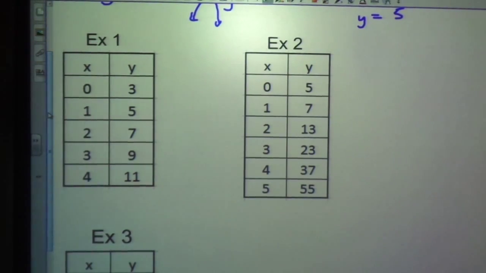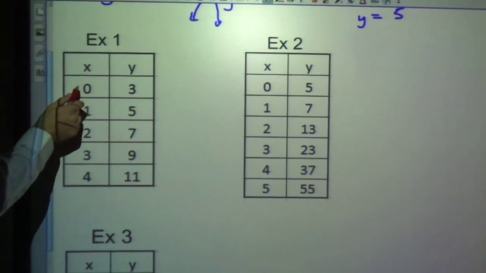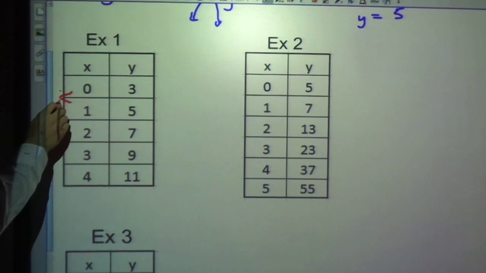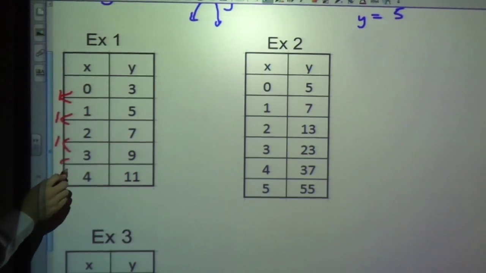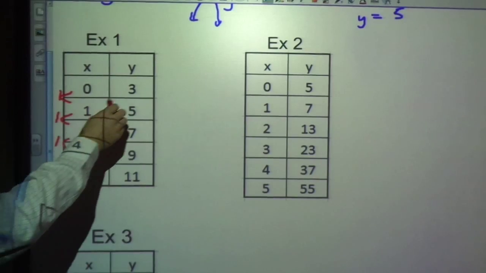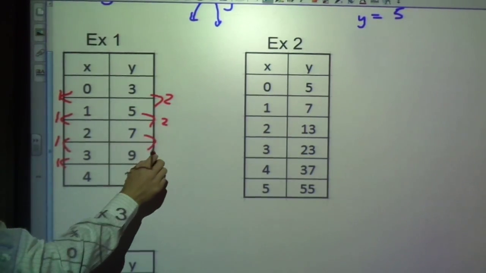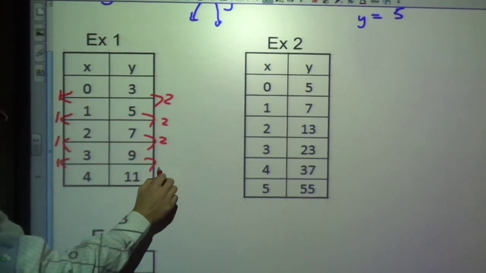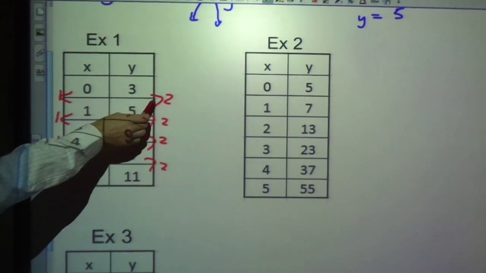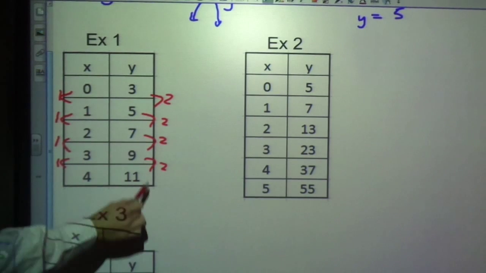All we need to look for here is the differences in the numbers. So if you look at the x's in this first one, 0 to 1 is 1, 1, 1, 1. Fantastic. The y's: 7 minus 5 is 2, 9 minus 7 is 2, 11 minus 9 is 2. You notice that these first differences are all constant.